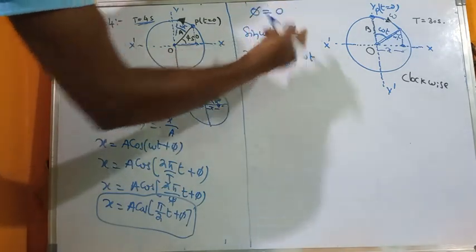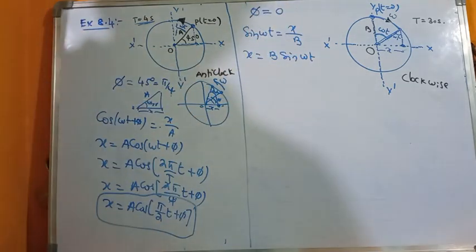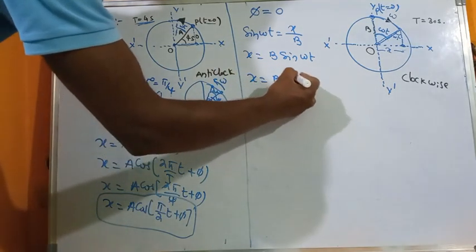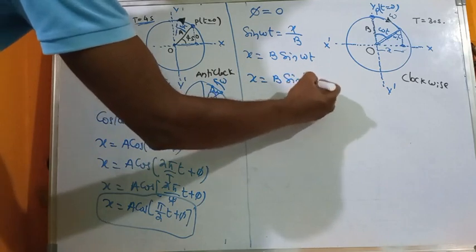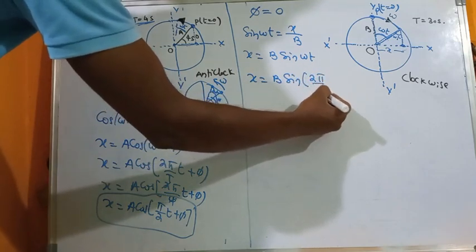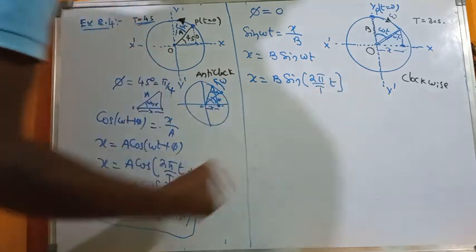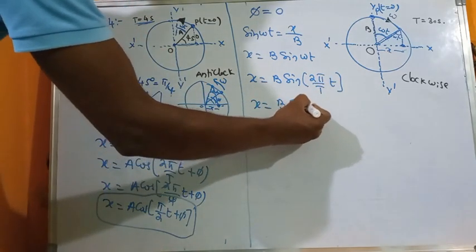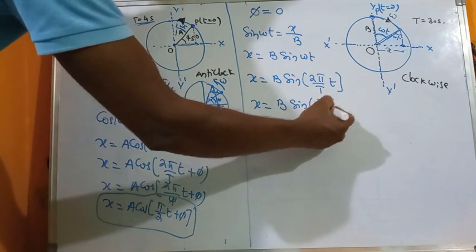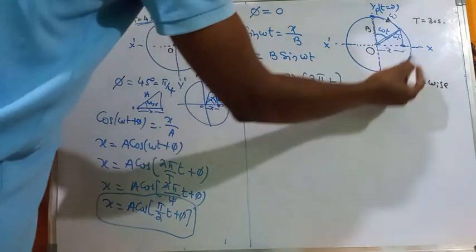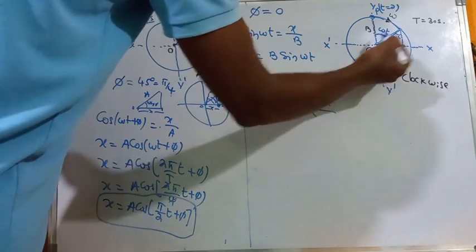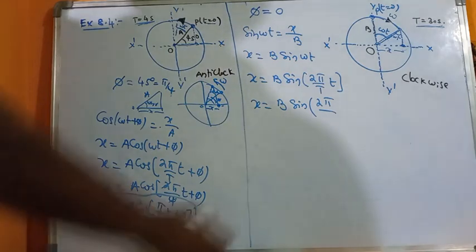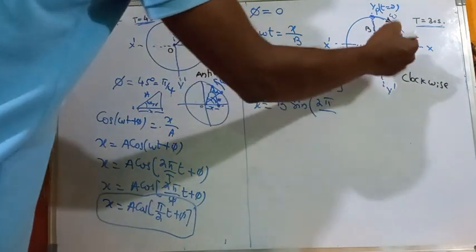Since phi is equal to 0, there is no need to write it. Then x is equal to b sine of omega, and we can write omega as 2 pi by capital T into t. In this clockwise case, the time period is 30 seconds, meaning after every 30 seconds it repeats its motion.